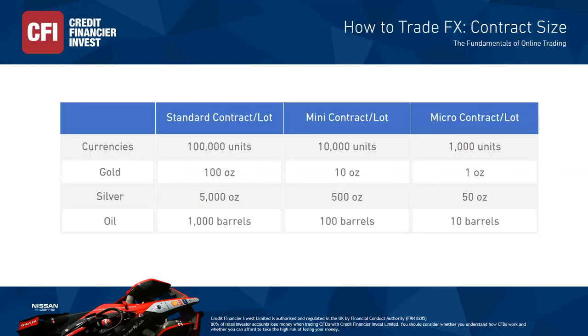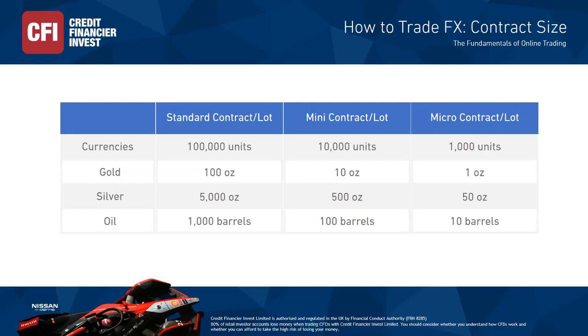Now, this is the table of the contract sizes. You have pretty much 3 sizes of contract. The first one is called a standard contract, or a standard lot, we usually call it. For the currencies, it will be 100,000 units, and the currency denomination will be based on the base currency I just mentioned to you before.